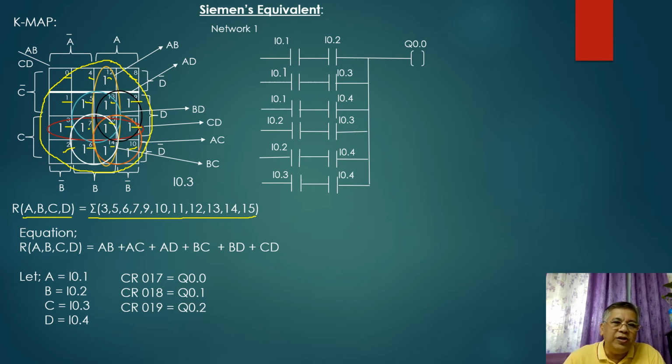We have here the first four adjacent cells, which is represented by the yellow grouping.